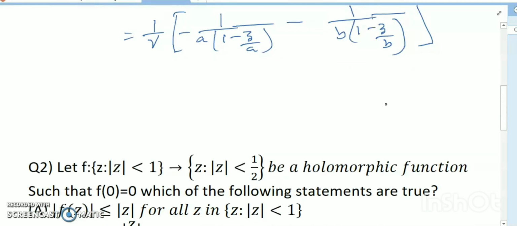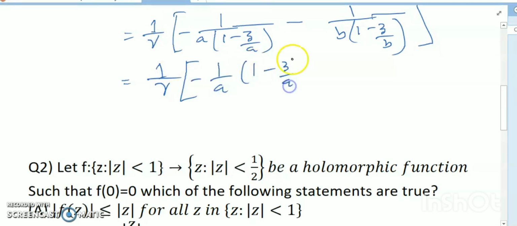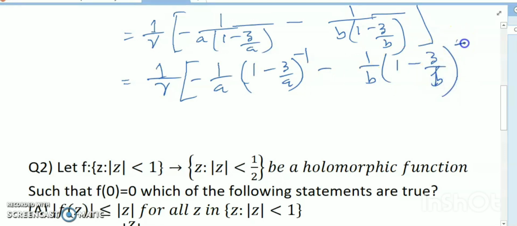Now it can be written 1/gamma equals minus 1/a (1 - z/a) to the power minus 1, minus 1/b (1 - z/b) to the power minus 1.